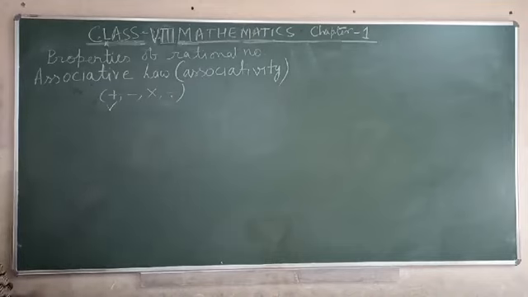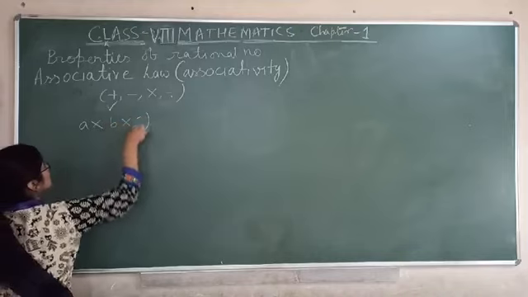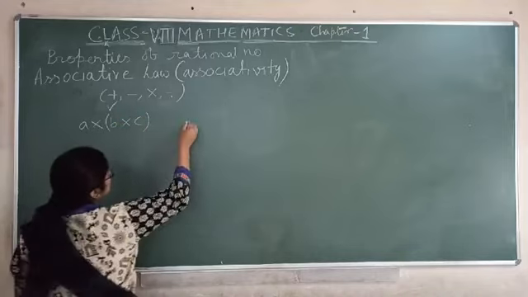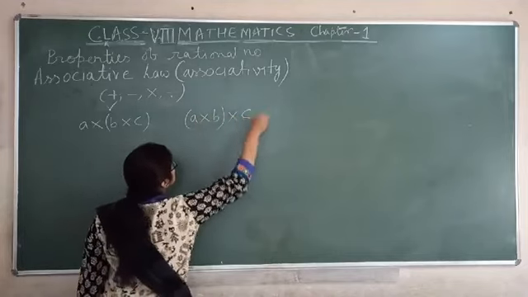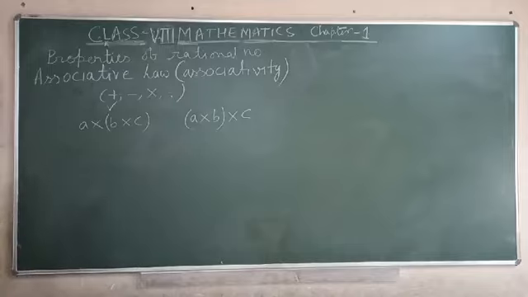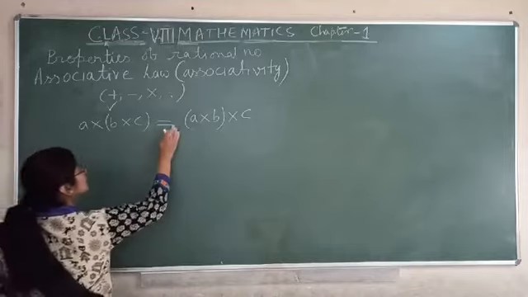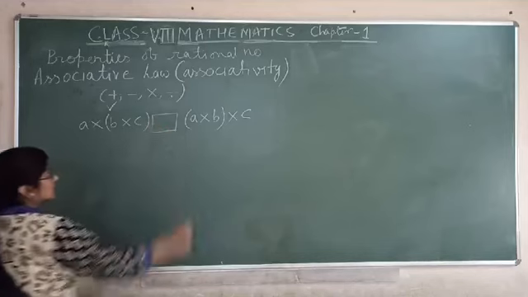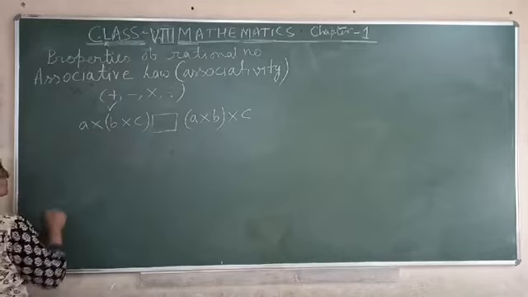A into B into C should equal A into B within bracket into C. If applicable, we will make an equal sign here. If not applicable, we will make a not equal sign here. I am leaving this place. So let's check for this one.